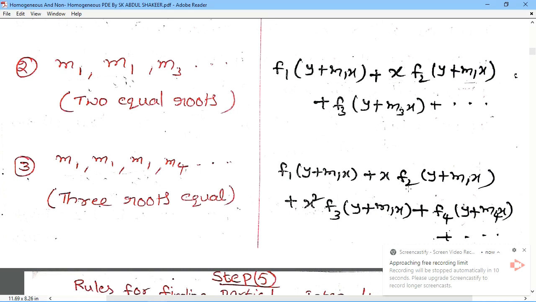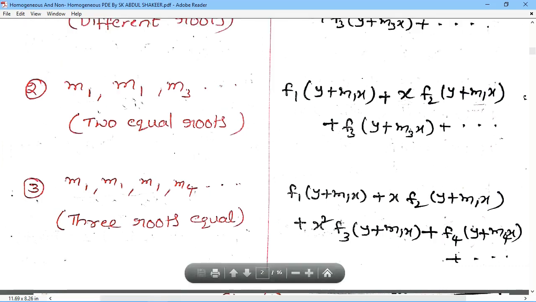Then we write the CF as f1(y + m1x) + x f2(y + m1x) + x² f3(y + m1x).